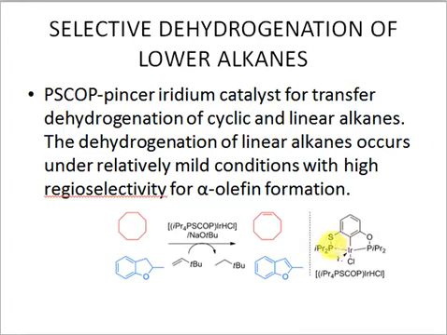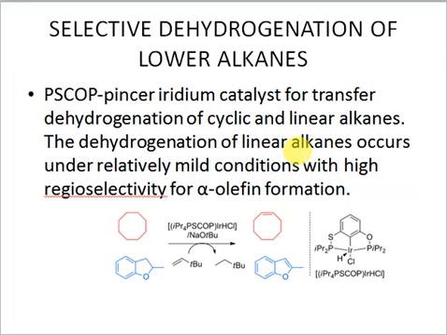And it's called pincer because its shape is just like a pincer, right? This catalyst is useful for dehydrogenation of linear alkanes as well as cyclic alkanes, but the limitation is that it is only valuable for lower alkanes, whether cyclic or linear. You cannot use complicated alkanes for these reactions, right?